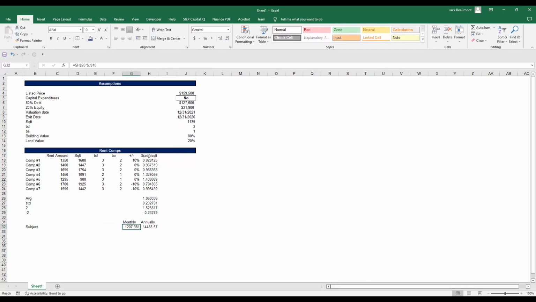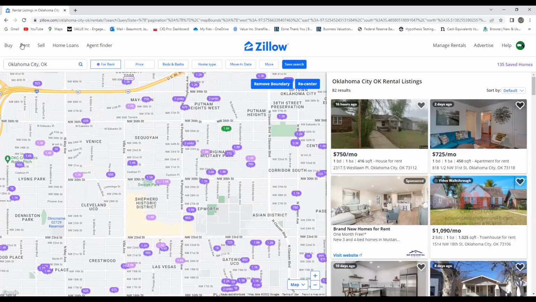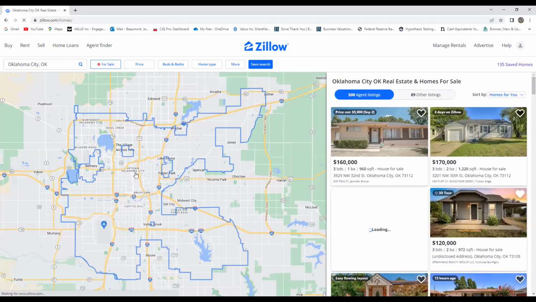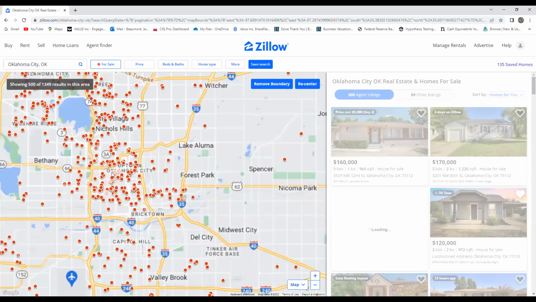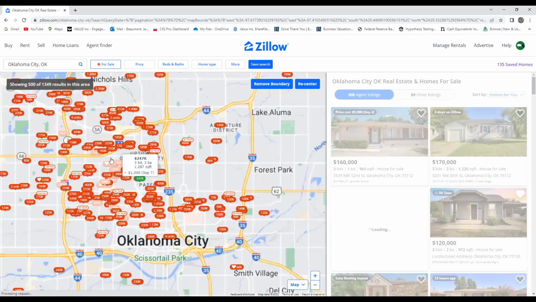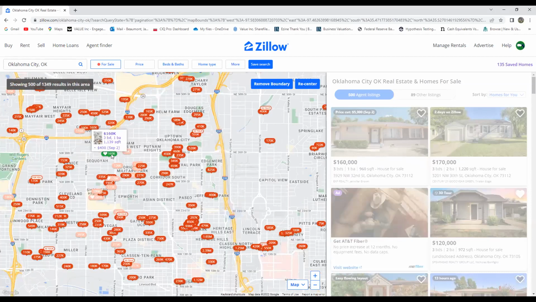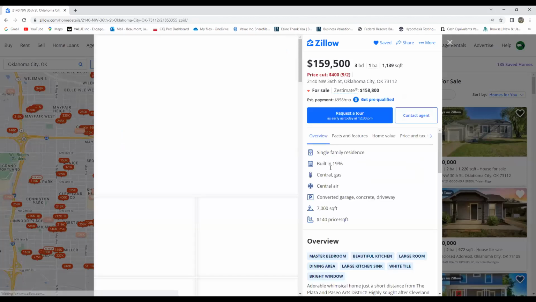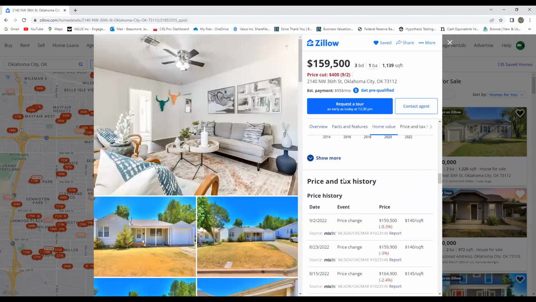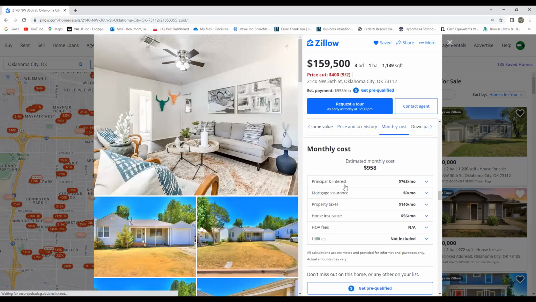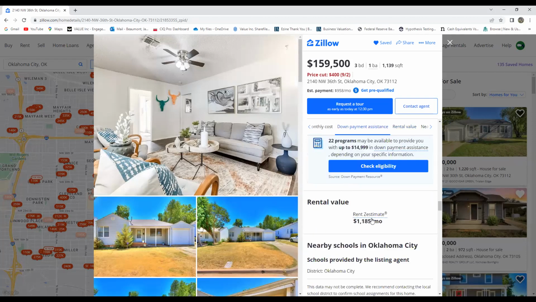And let's quickly just go back over to Zillow. Okay. So we're going to go back to our property here that we looked at. Okay, we got our property right here. Okay, we get a monthly cost, and then, okay, this is the estimated rental.